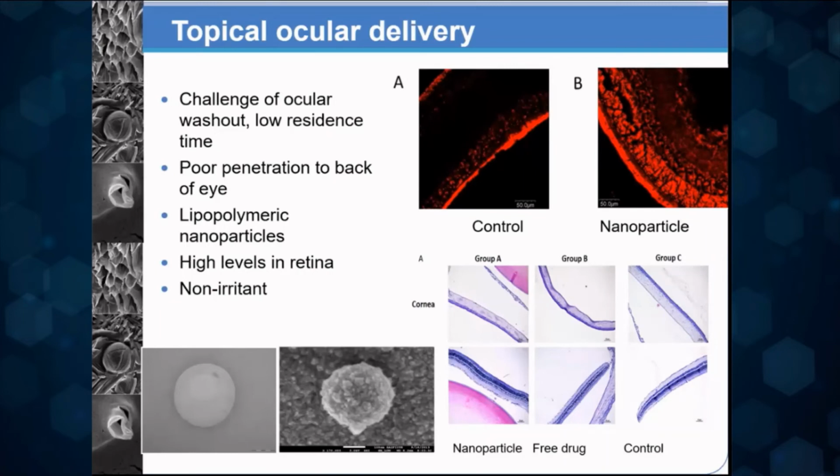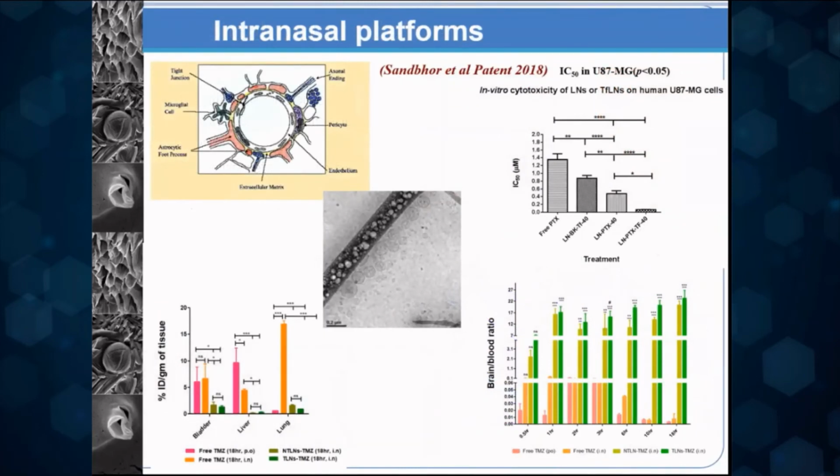So the back of the eye diseases have a huge challenge in terms of drug delivery because you want to reach all the way to the retina by a drug which is being applied on the surface. So if you design your biomaterials, you can then have penetration through these barriers to cause a more acceptable, patient compliant form with a larger residence time.